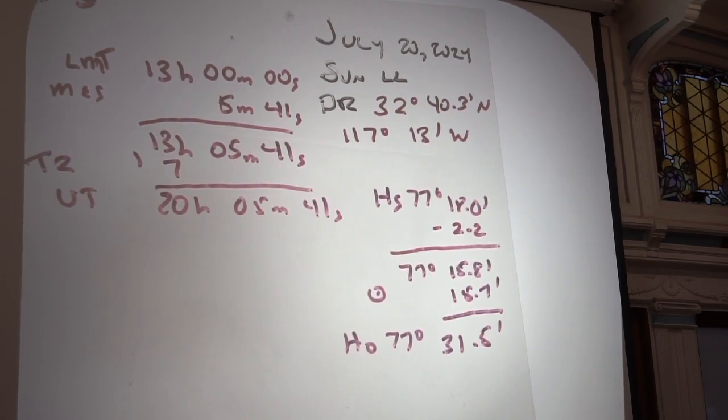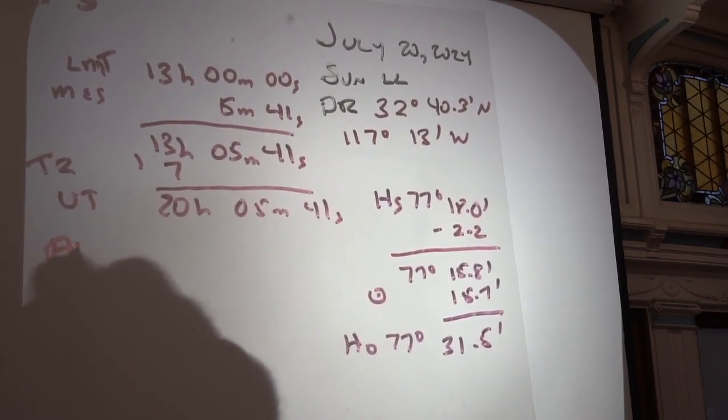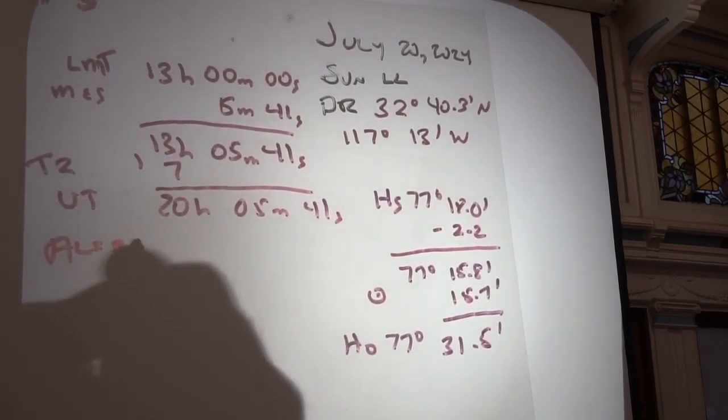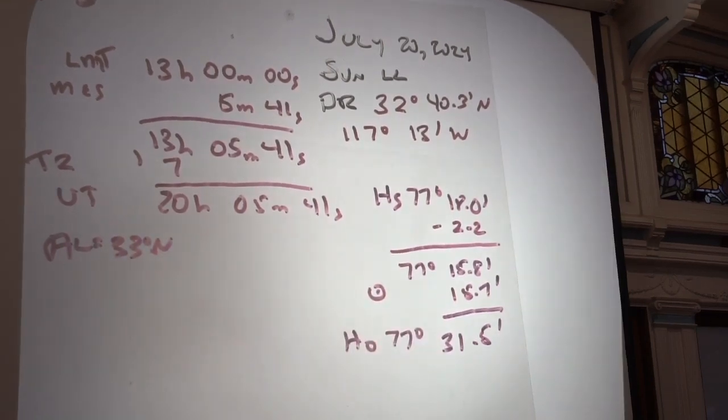Okay, now what do we have to do? We have to go to the next step, which is pick an assumed latitude. And remember, our DR position was 32 degrees 40.3 north. So our assumed latitude, I'm going to say 33. We're going to be using that a lot, because we're going to be using actual live sights.